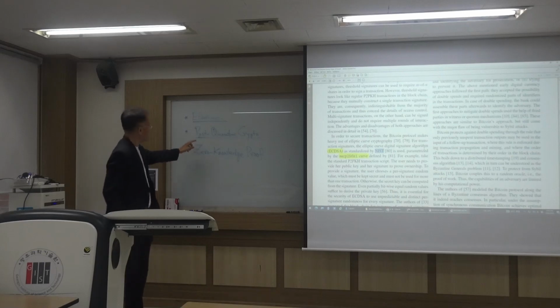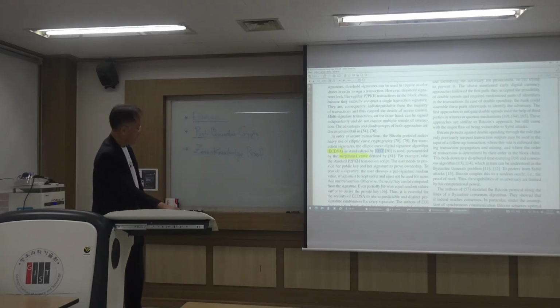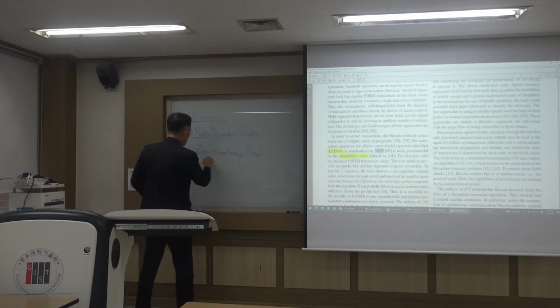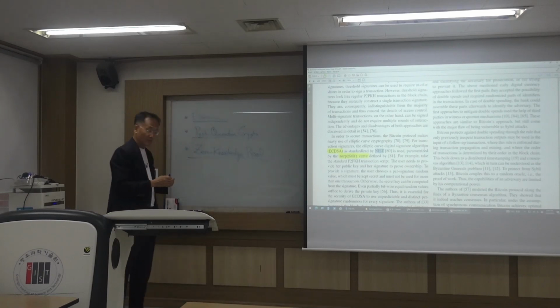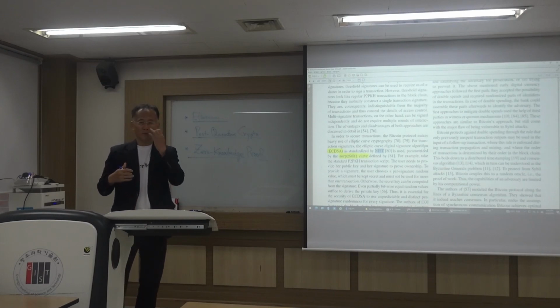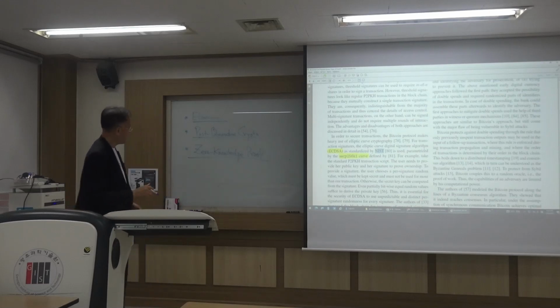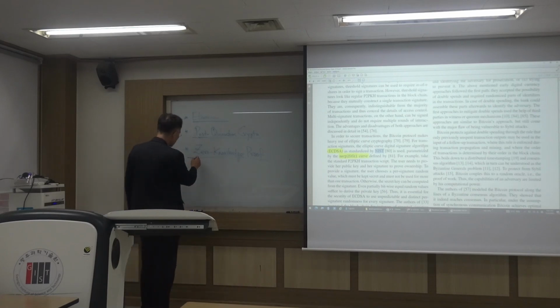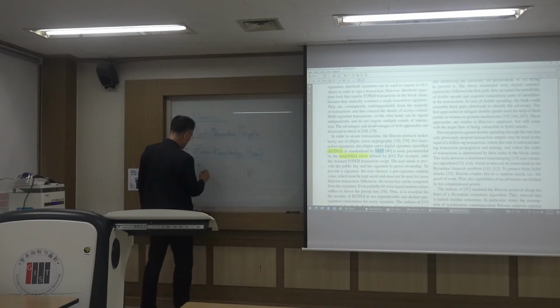So that's this part. And the zero knowledge proof is going to be something very new, right? New to most of us, but this was also technology invented in the 80s. So basically, zero knowledge proof is this. There is a prover, again, and a verifier, right?